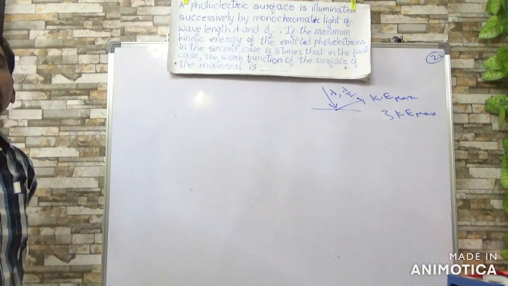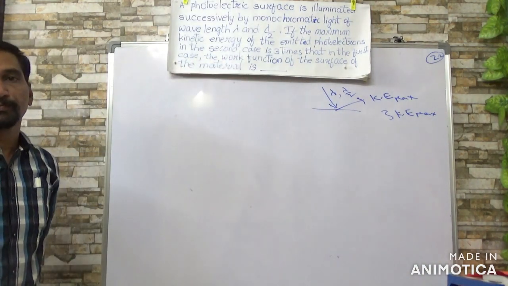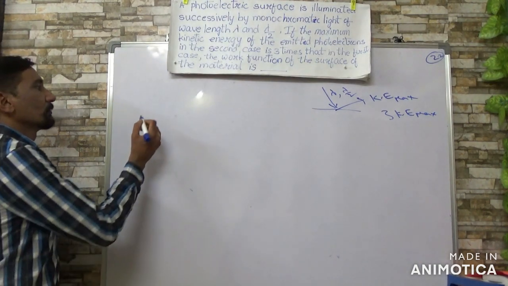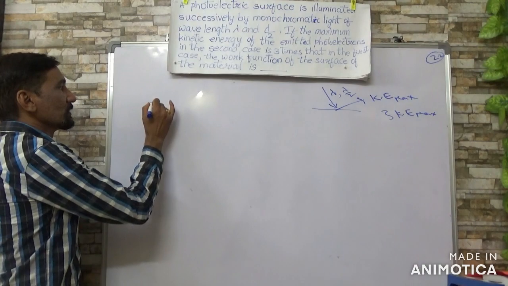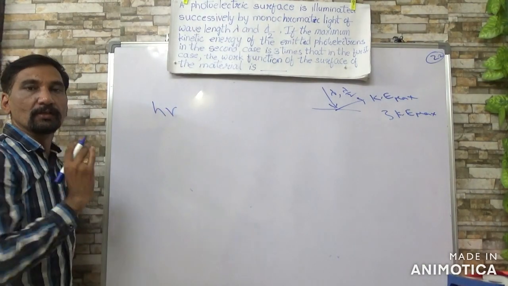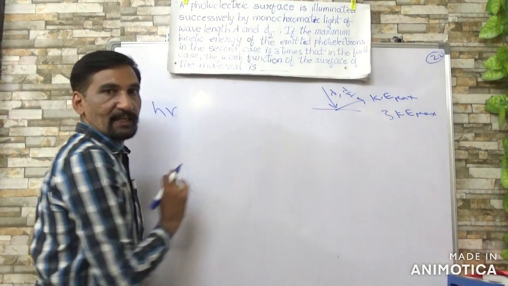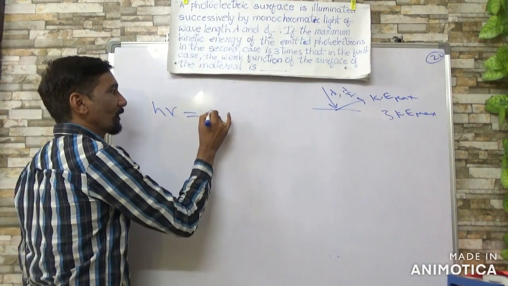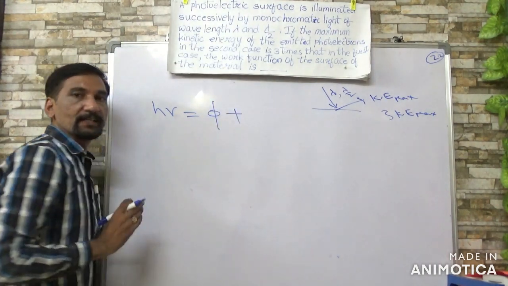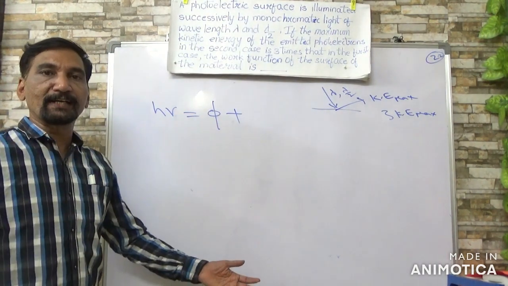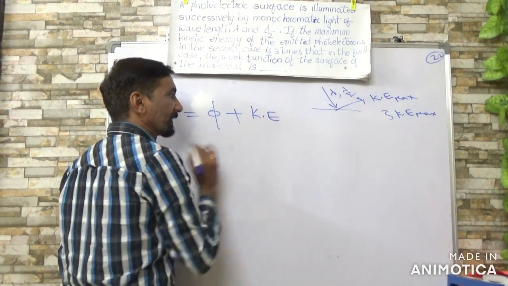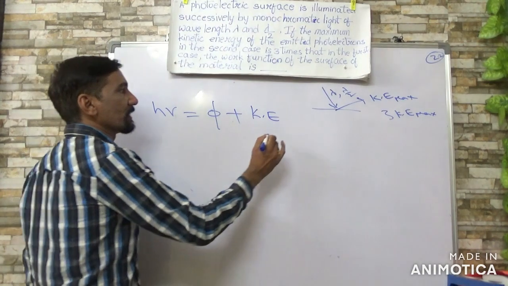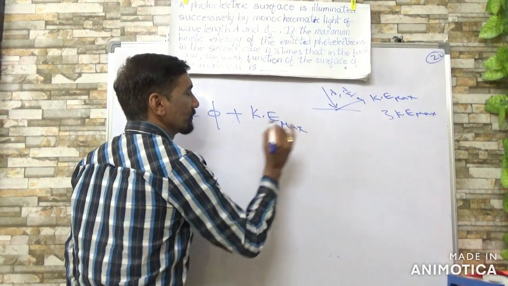Okay, so you want to find the work function. According to Einstein's photoelectric equation, light energy given to the metal is always utilized in two ways: a certain part extracts electrons and the remaining part is kinetic energy. So KE maximum.